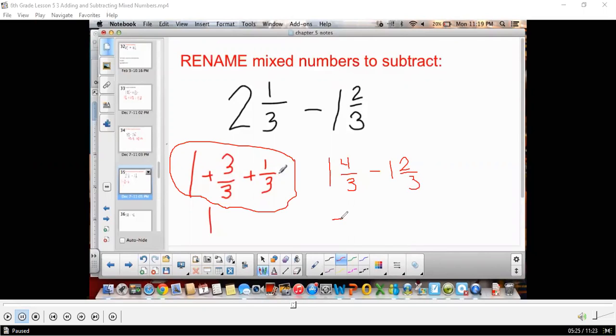Now we will start to subtract. So now we don't have any problem. The first number is greater than the second number, and we have the same denominator. I have 1 minus 1, which equals 0. And then 4 minus 2, which equals 2 over 3. Okay, and it's already written in simplest form.